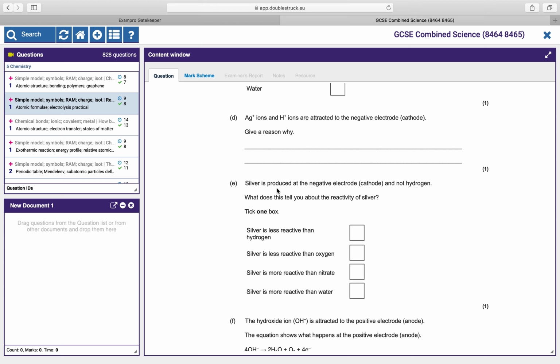If silver is produced at the negative electrode and not hydrogen, that means that silver must be below hydrogen, is less reactive than hydrogen in the reactivity series.